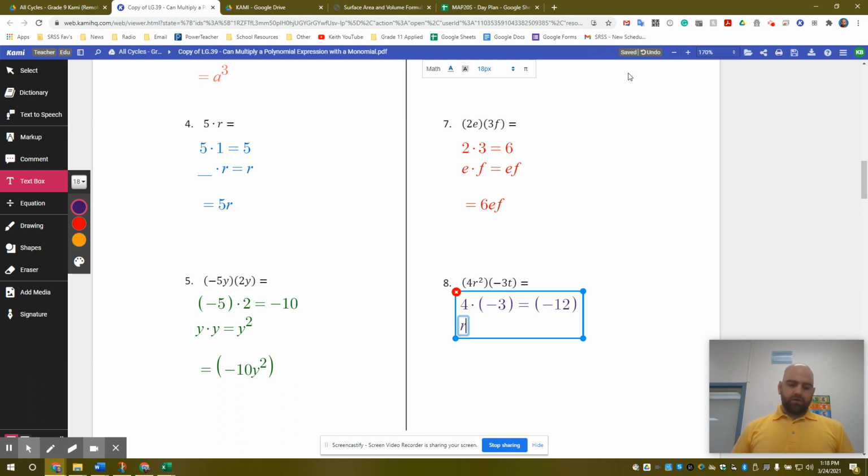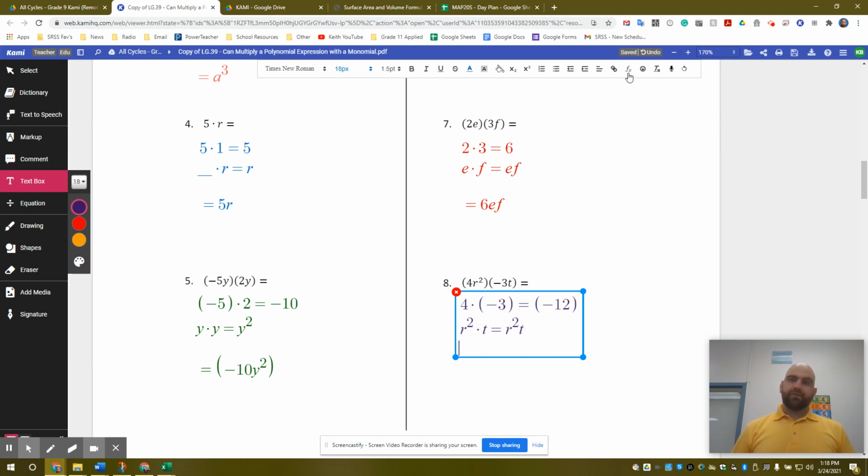Our letters are r squared, and we're multiplying it to t. Now, when we see something like this, the squared is only on the r. It means we have 2 r's and 1 t. So when we combine that, it's still going to be 2 r's and 1 t. Or we could write it as t r squared. But the squared sticks on the r. It does not transfer over to the t. It sticks to the r.